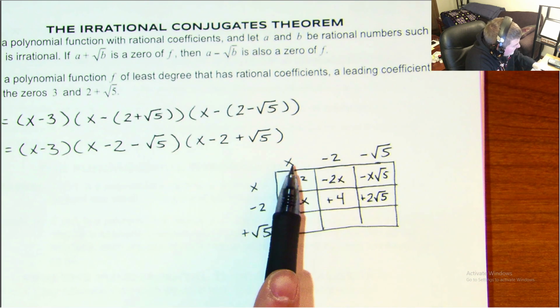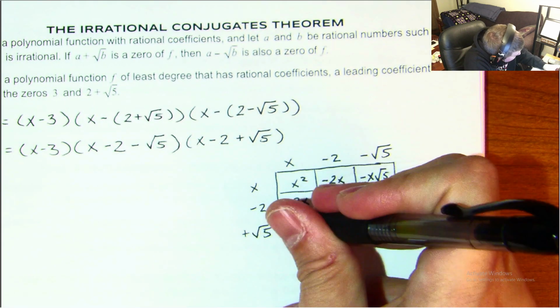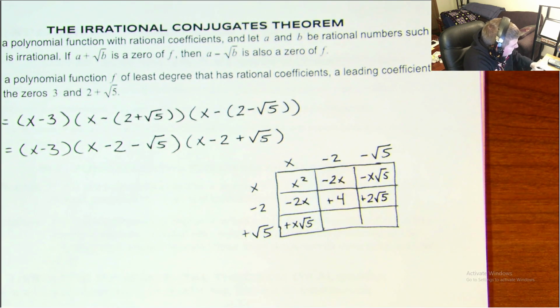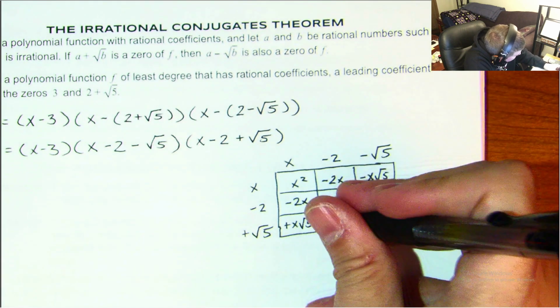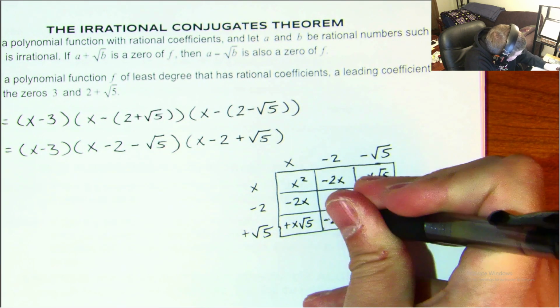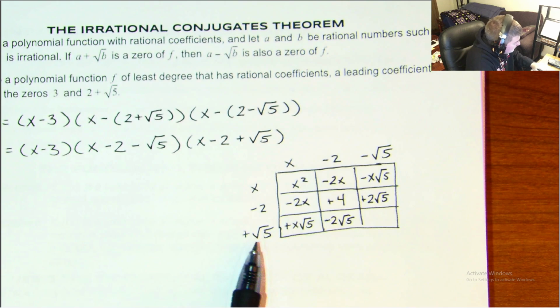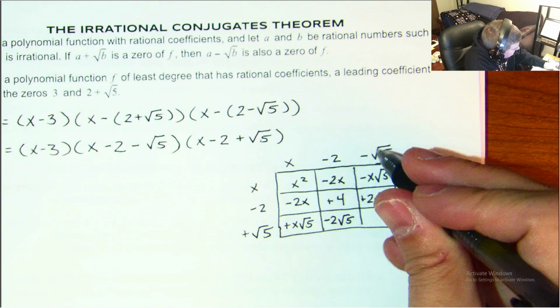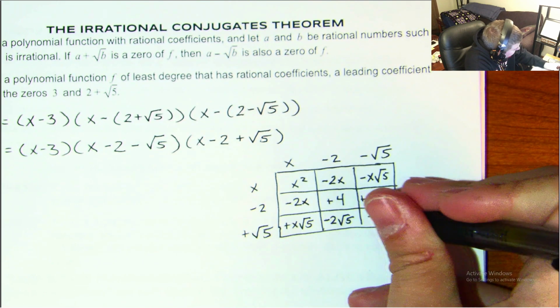All right, so x times positive square root of 5 is positive x times the square root of 5. Positive square root of 5 times negative 2 is negative 2 square roots of 5. Positive square root of 5 times negative square root of 5 is negative 5, right?